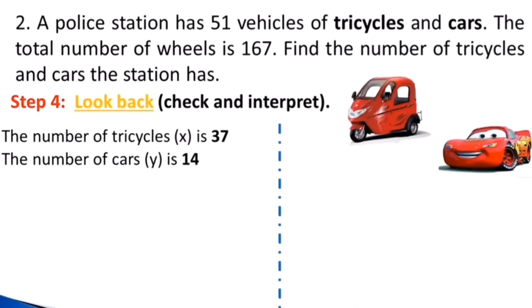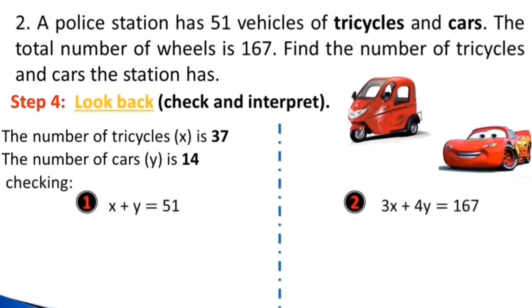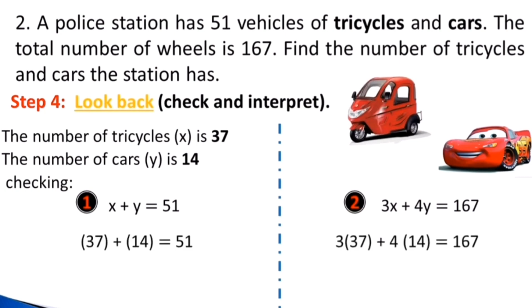So therefore, the number of tricycles is 37, the number of cars is 14. Let's do the checking here. So I will use equations 1 and 2. And of course, just substitute the values here. Since the number of vehicles is 51, 37 plus 14 is 51.